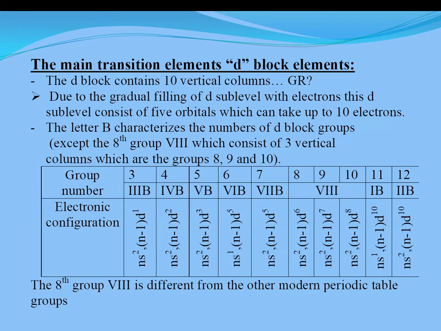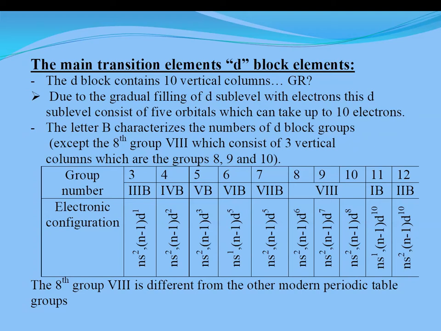The main transition elements, or D-block elements. The D-block contains 10 vertical columns. Why? Because of the gradual filling of the D sublevel with electrons. This D sublevel consists of 5 orbitals, which can take up to 10 electrons. The letter B characterizes these D-block groups, except the 8th group, which contains 3 vertical columns.